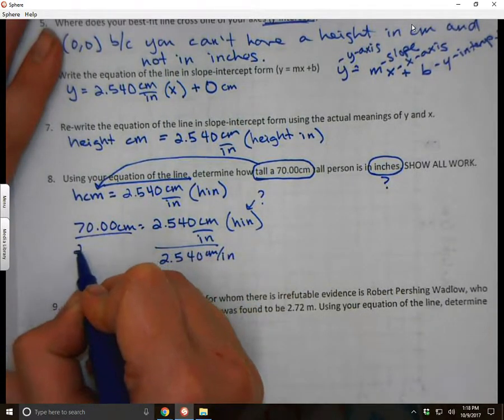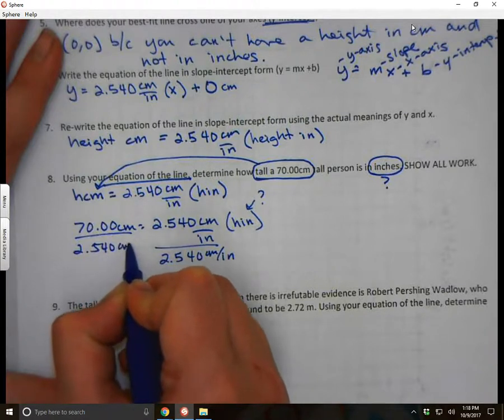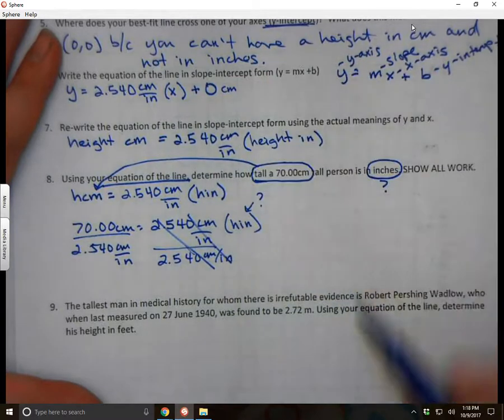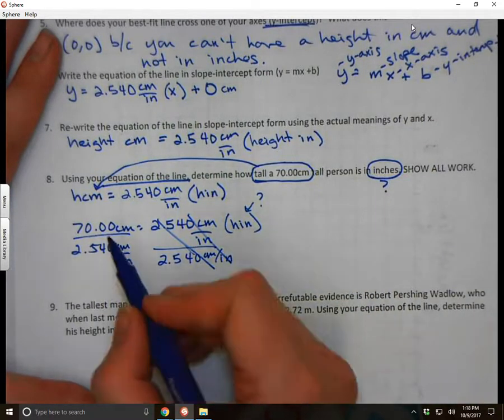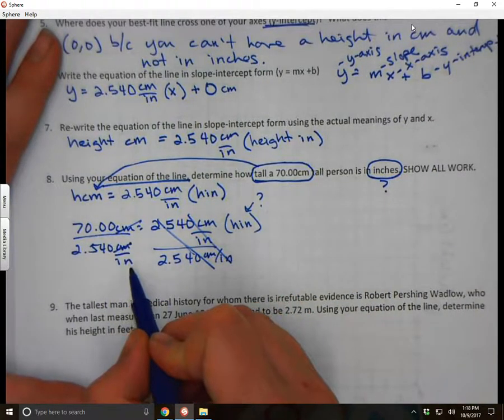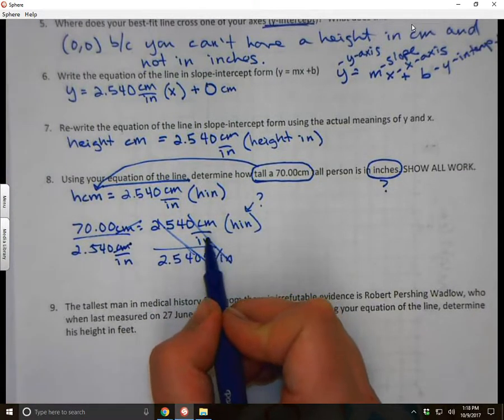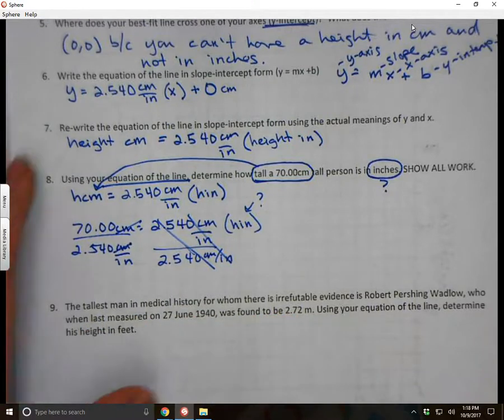So 70.00 divided by 2.540 means that my height in inches is 27.6. Oh, nope, don't round. 27.56.